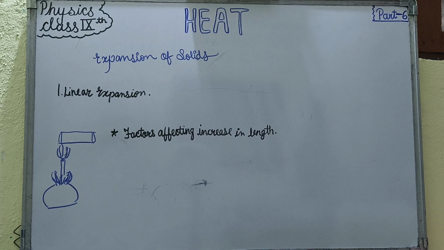First one is rods of different lengths but made of same material. Heat two aluminium rods of different lengths through the same rise of temperature. We observe that greater the length of the rod, greater is the increase in length. Thus, we can conclude that an increase in length is directly proportional to original length of the rod.